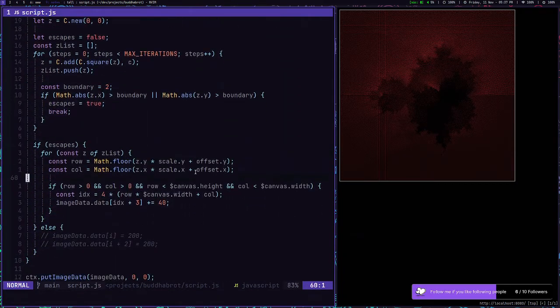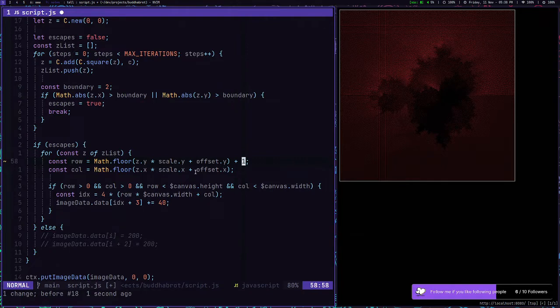This is correct. So I'm a little confused about the row, because if we have the row, we scale it up, we get the offset. So the thing I'm confused about is, do we need +1 here, or do we need ceil here?